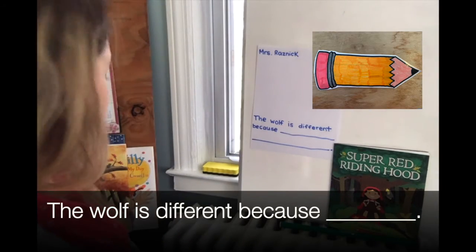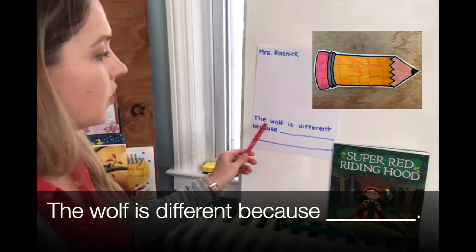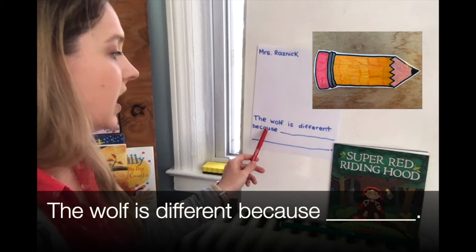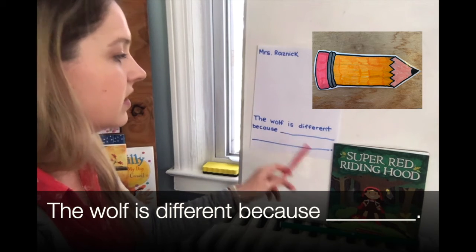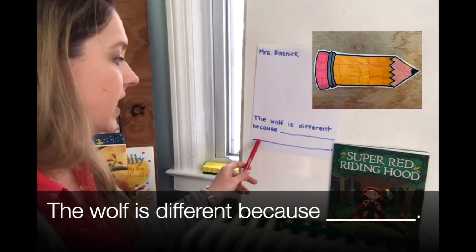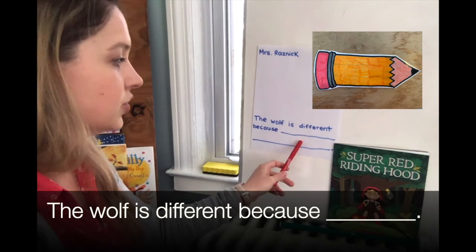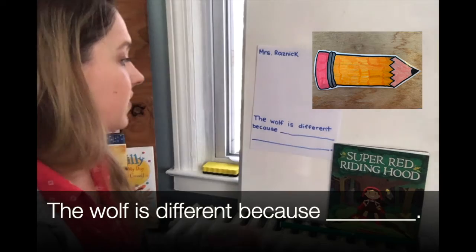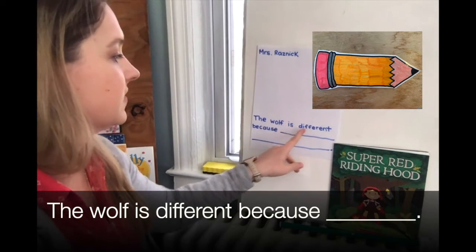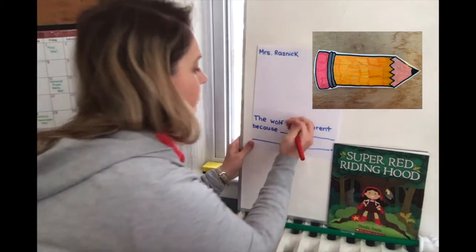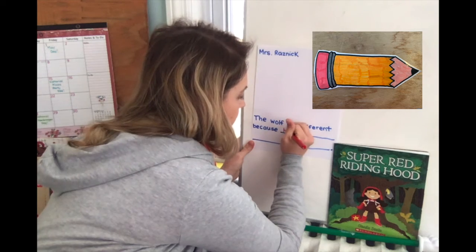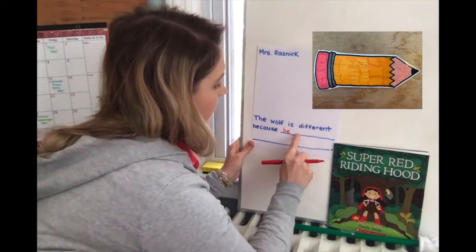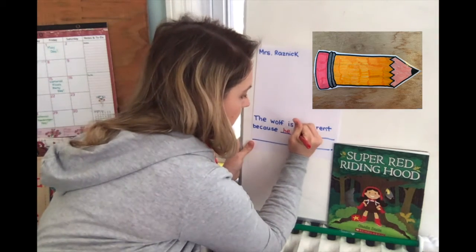For my example, I want to say the wolf is different because he was friends with Super Red. So let's work on my sentence together. The wolf is different because he, popcorn word, he was, popcorn word.